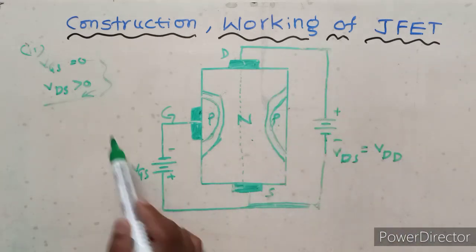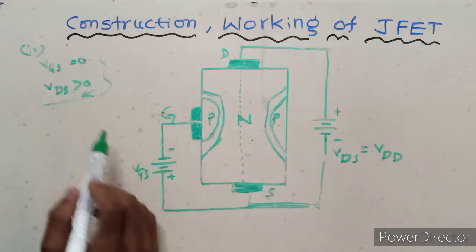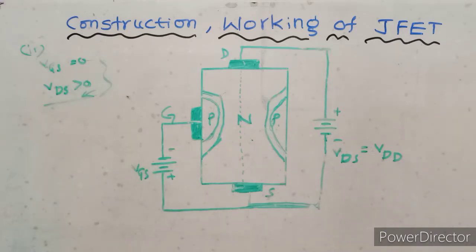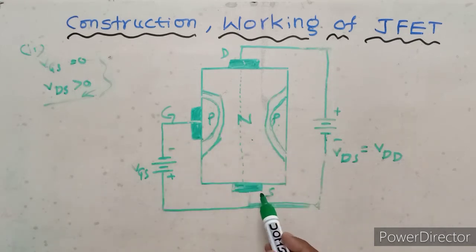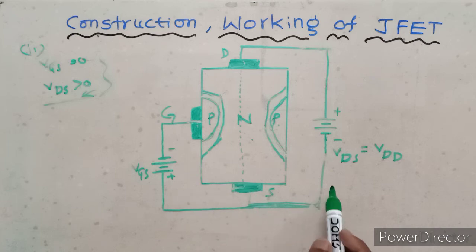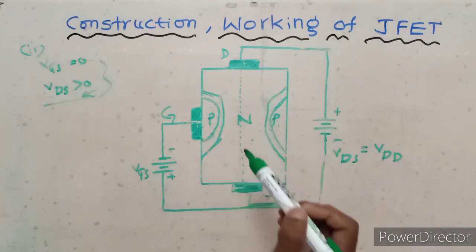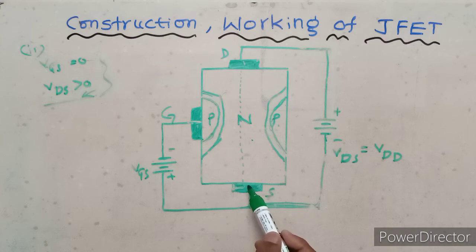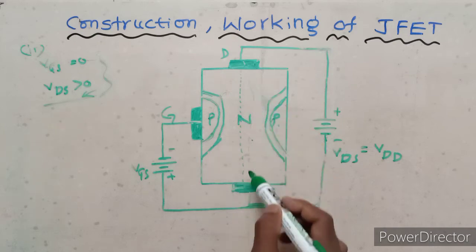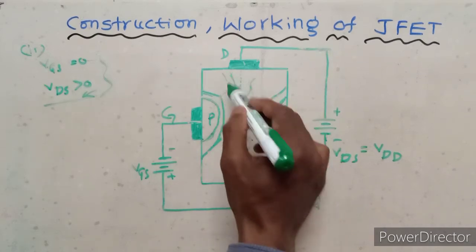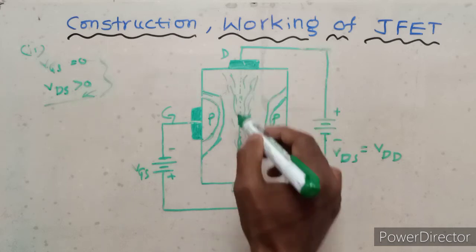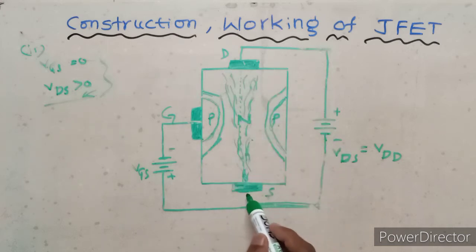So if VGS equals 0, the charge carriers, electrons, flow through the n channel from source to drain.